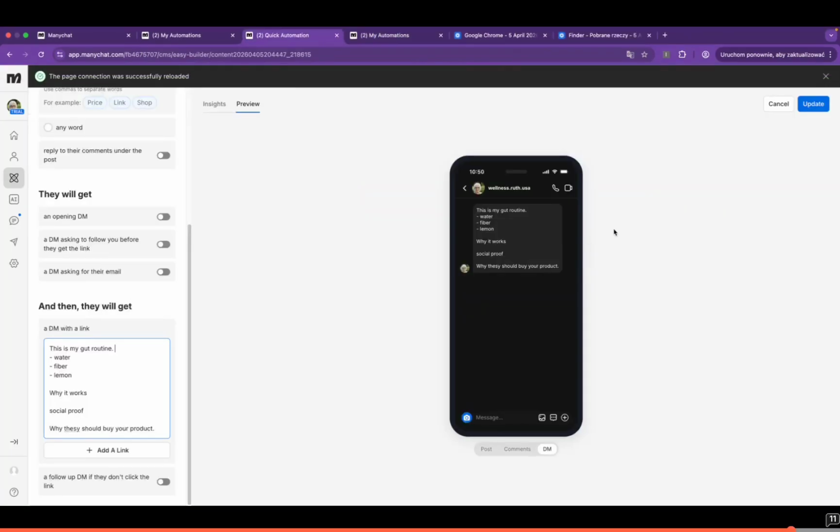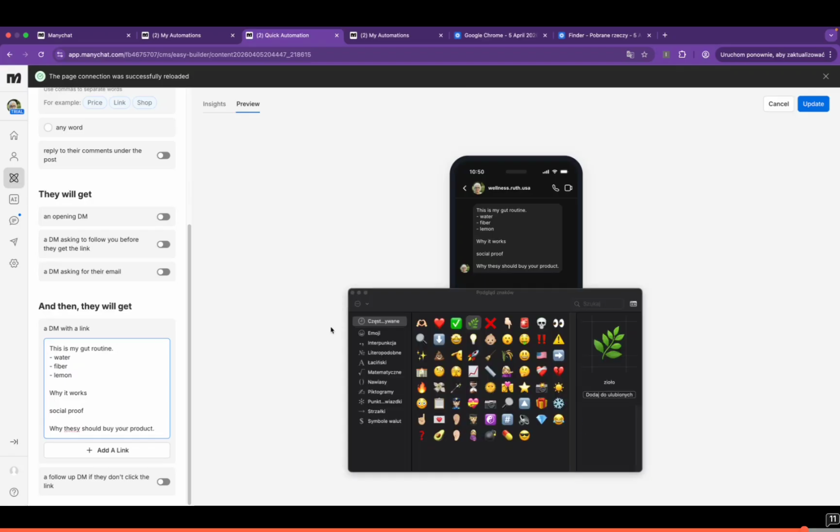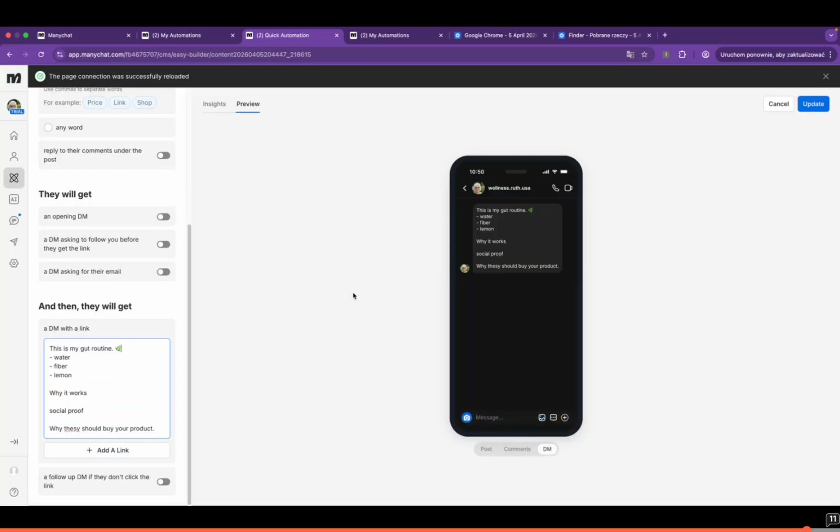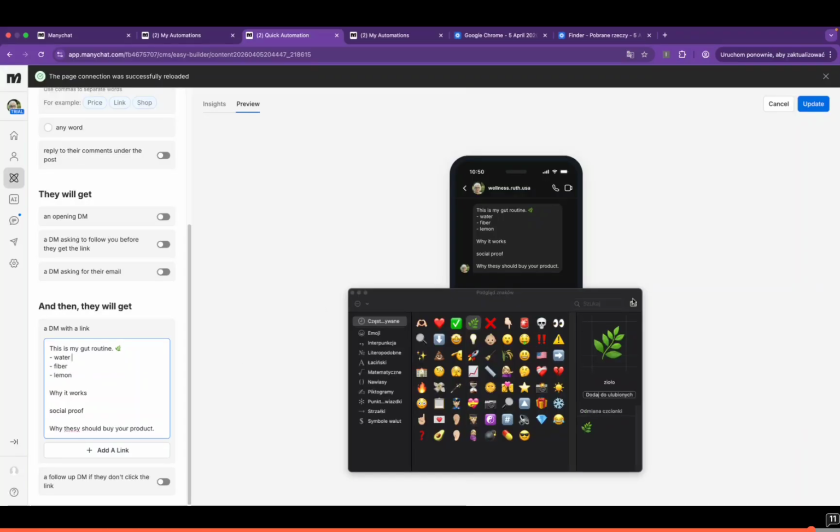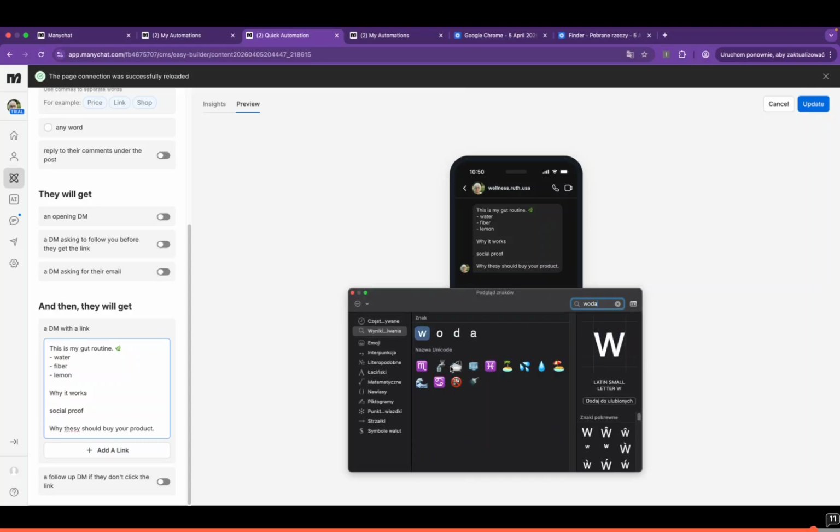One more thing I forgot to mention, but obviously this is just the ideation. So this is not the whole message you want to be sending, right? You need to add your stuff, and you also need to make it visually appealing. So add some emojis here, something like this, for example. When you have water, you can add, I don't know, a water emoji or something like this.